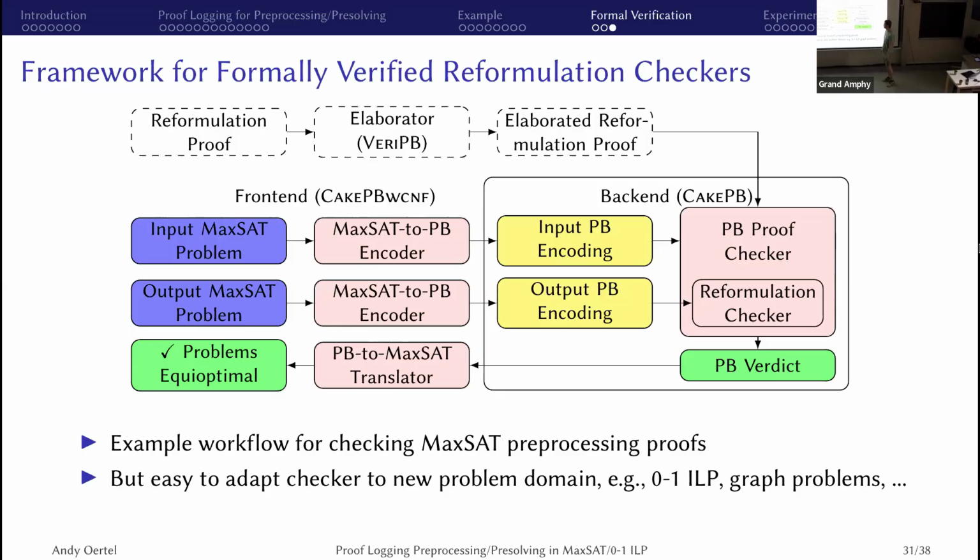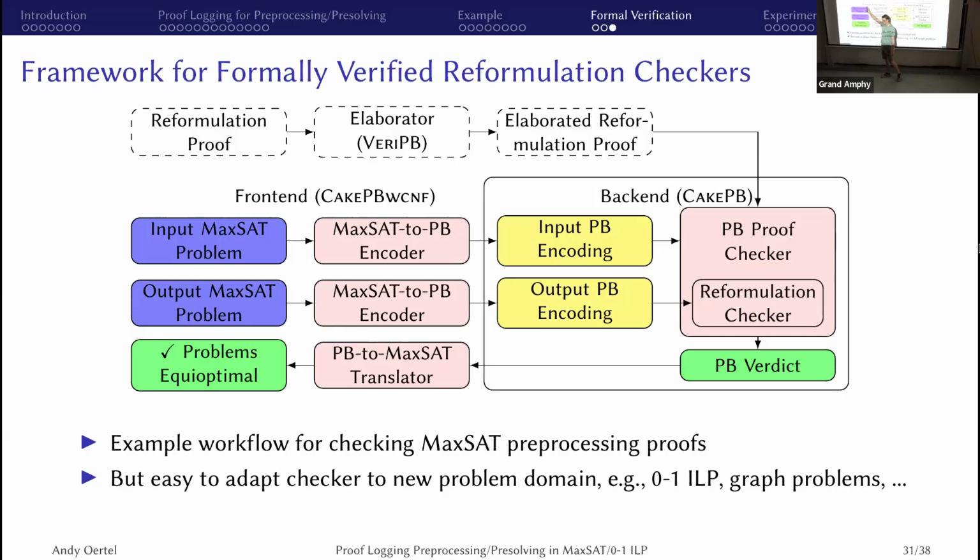So our formally verified proof checker is basically set up in two components, where we have a front end and a back end, and then up here we see our proof getting in. We have the reformulation proof, then we have the elaborator, and this is the elaborated proof.